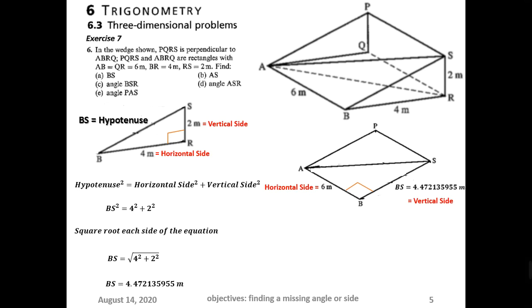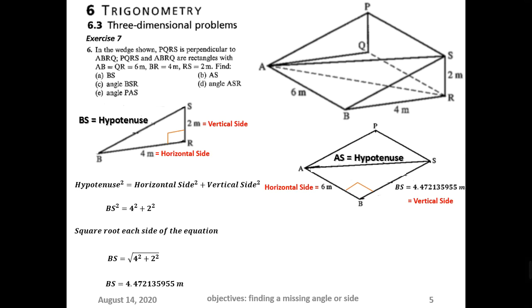Now, in the right angle triangle ABS, two sides are known, the horizontal and the vertical. So AS is right across the right angle, which makes it the hypotenuse.